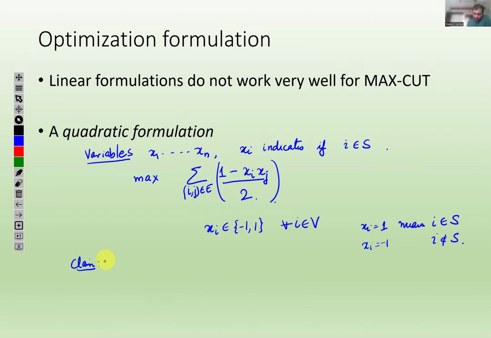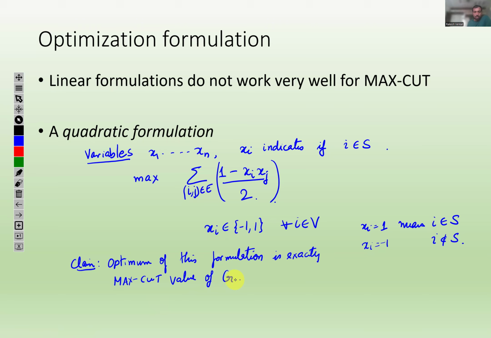I claim that the optimum of this formulation is exactly the max cut value of G. That is, OPT as I've defined is exactly equal to this. Why is this true? Well, pick an edge ij.